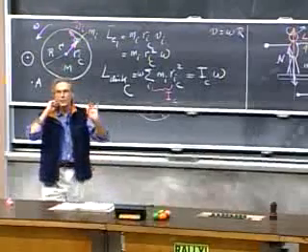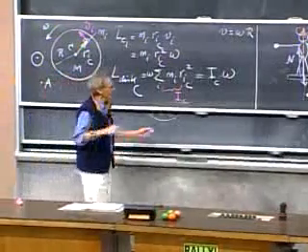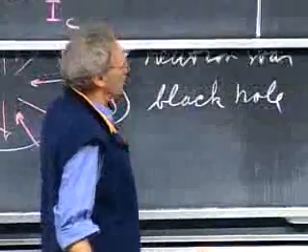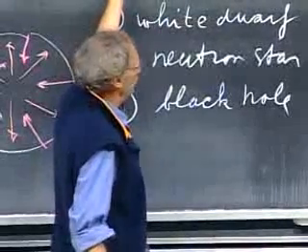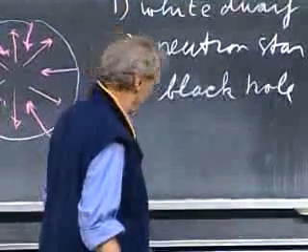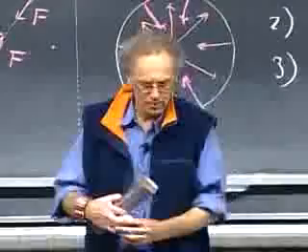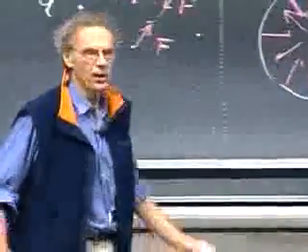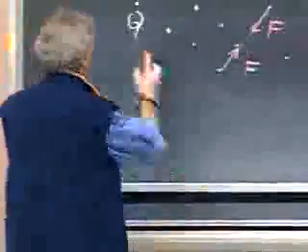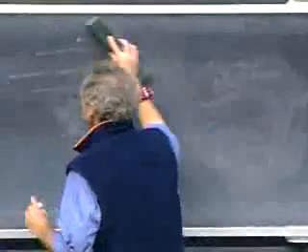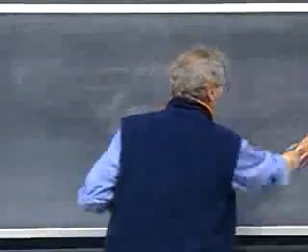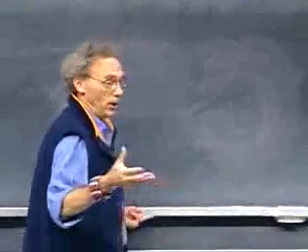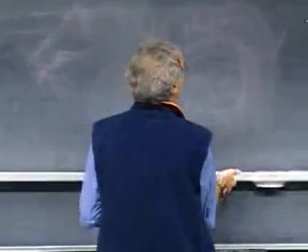I want to do a little bit of quantitative work on this, and I want to take an object like our Sun, and I would like to collapse that object from its present radius of about 700,000 kilometers to a neutron star with a radius of 10 kilometers, even though I told you that the Sun will not become a neutron star.